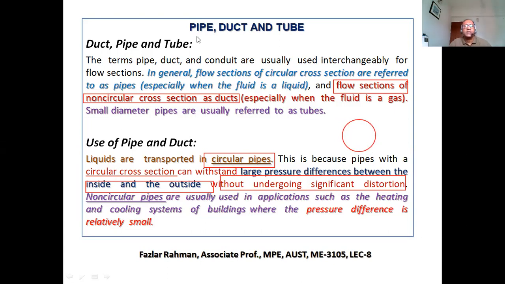Because inside it has extremely high pressure, and outside what pressure do we have? We have atmospheric pressure. So inside we have pressure P inside, which is much higher than P outside. If you have this type of situation, then you need to use the circular cross section, because if you figure out the del P, that means the difference of pressure, in that case it is high.